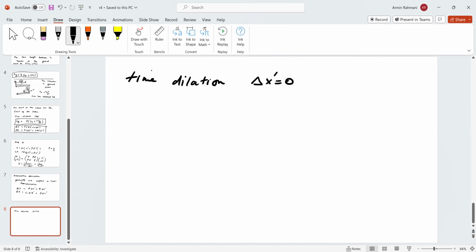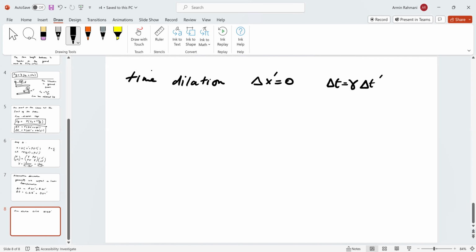They happen at the same position in the reference frame attached to the clock. And then what does time dilation say? It says the proper time is the shortest time. So delta t prime is going to be the proper time, in the frame where there is no displacement. Gamma times that is delta t, the time interval in this other frame in which the clock is not stationary.